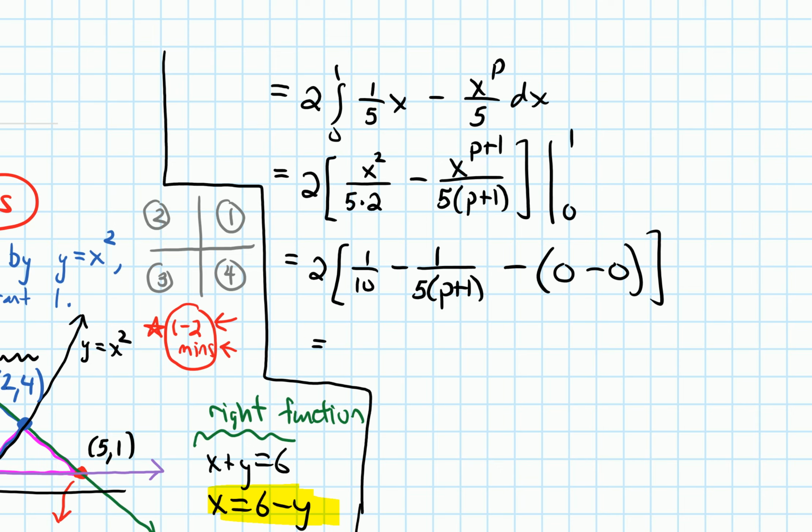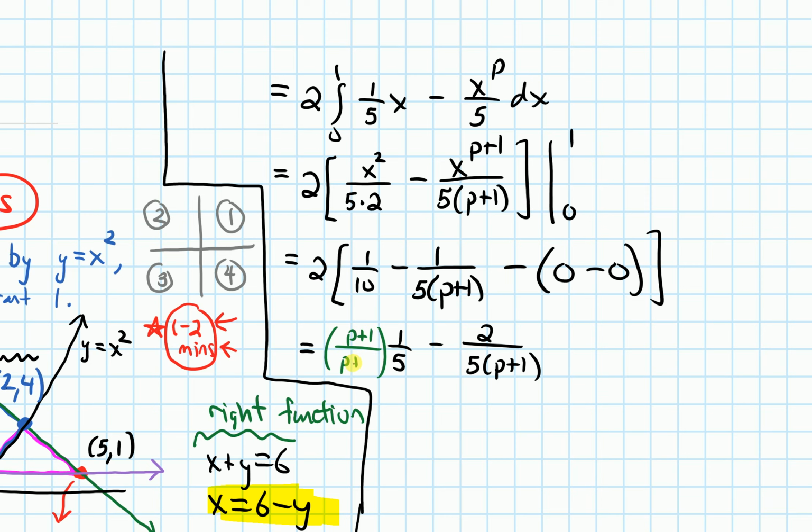So this equals 2, and if I simplify, actually, let me distribute that 2. 2 times the 10th gives me 1/5. And if I distribute 2 to the next term, I'll get minus 2 over 5 times p plus 1. If I wanted to combine this into one fraction, I'd get a common denominator, multiplying the first fraction on the top and the bottom by p plus 1.